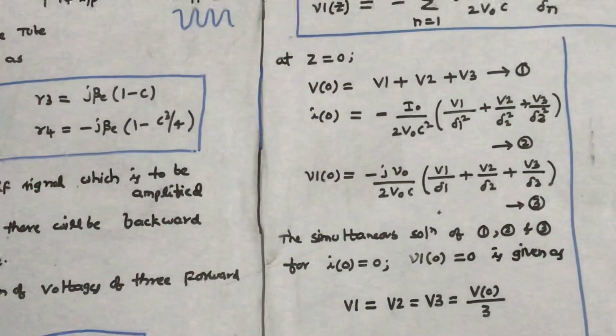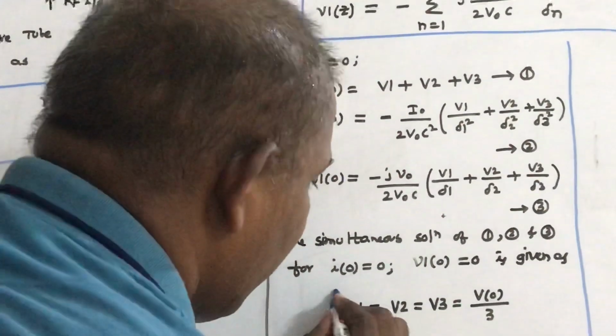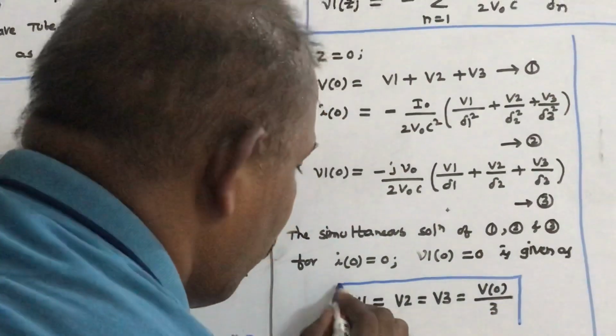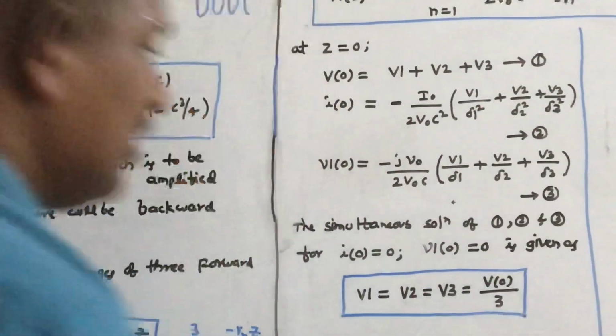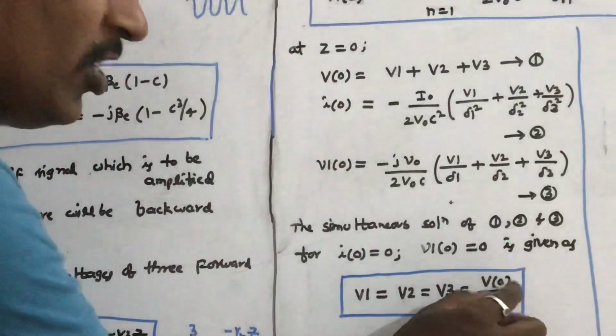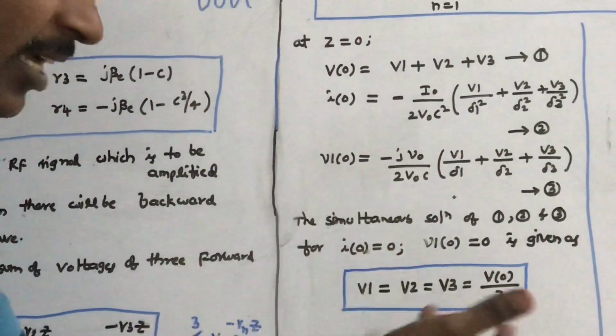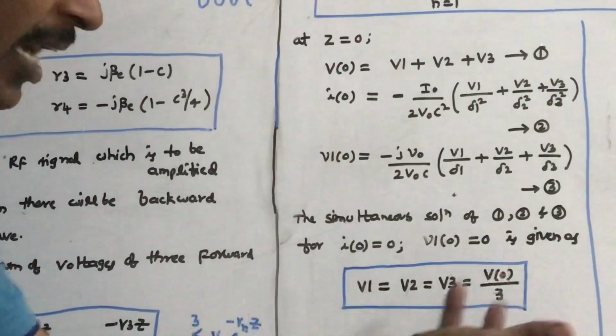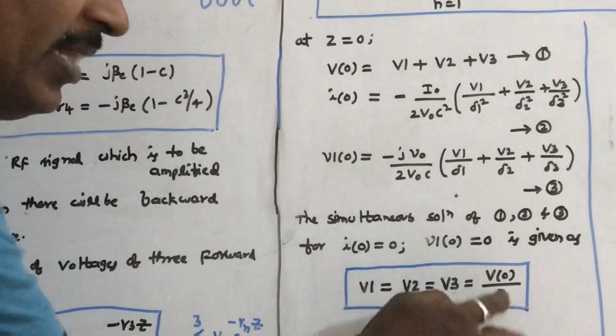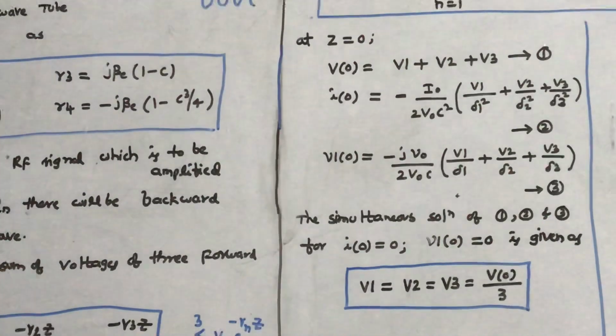So this is a very important equation. You have to remember that. What that means is the initial amplitude V0 is equally split into three forward traveling waves, that is V0 by 3, V0 by 3 and V0 by 3.